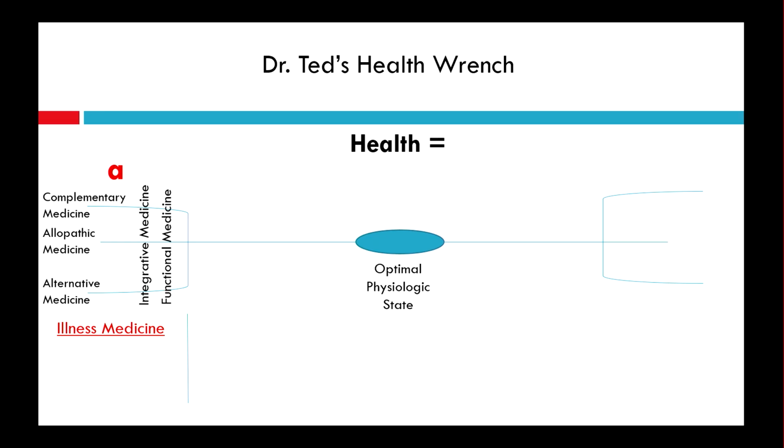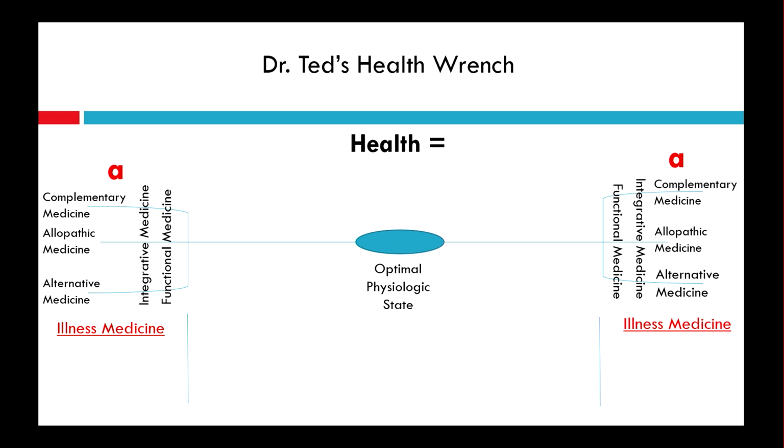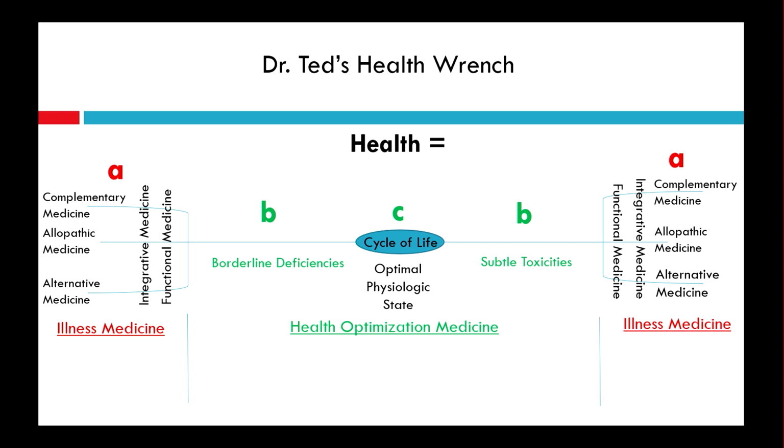Complementary medicine: complementary ways of diagnosing and treating disease. Integrative medicine and functional medicine: integrative and functional ways of diagnosing and treating disease. Now, we'll flip that over, so we have a wrench. When you detect borderline deficiencies and subtle toxicities, according to the cycle of life of the organism, then you're dealing with health optimization medicine.